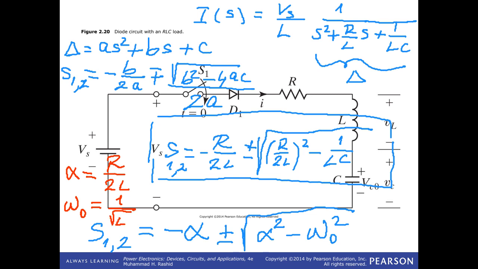Okay, so that is the equation. Who is going to interpret that equation?